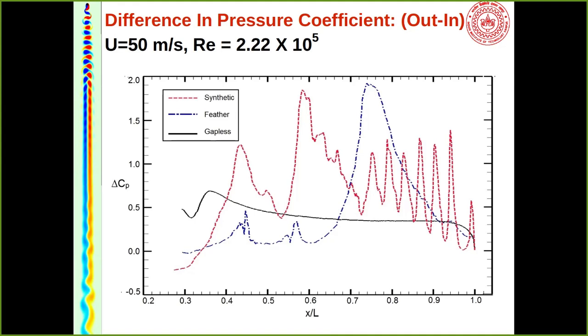Whereas in a synthetic shuttlecock, it is quite evenly distributed. So if there is a small damage or change to a shuttlecock, the feather shuttlecock is more difficult to control. It has a bigger moment because the whole pressure distribution is outside. So it requires a more skillful player as compared to a duck feather shuttlecock.